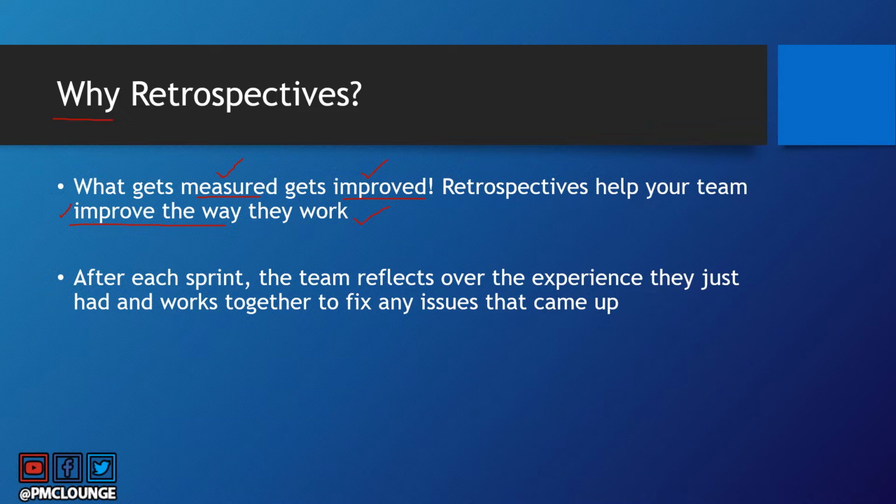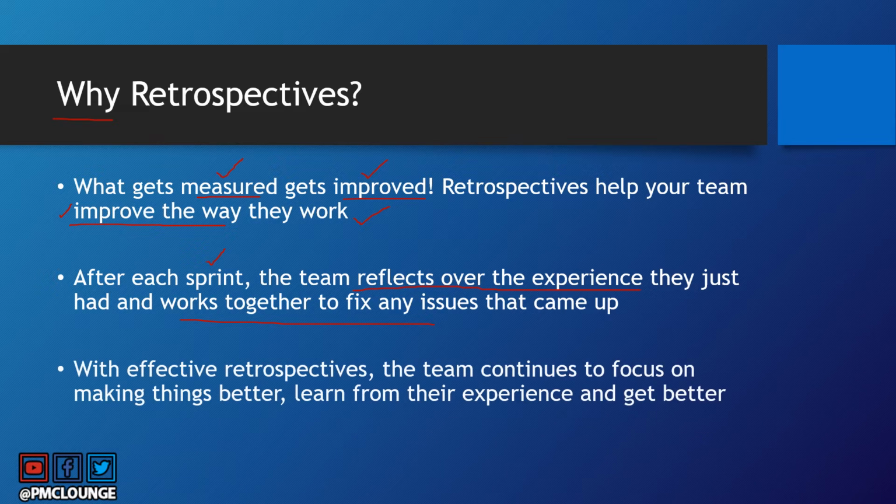After each sprint, the team reflects on the experience they just had, and then works together to fix any issues that might have come up during the course of the sprint. With effective retrospectives, the team continues to focus on making things better, learning from their experience, and getting better at it.